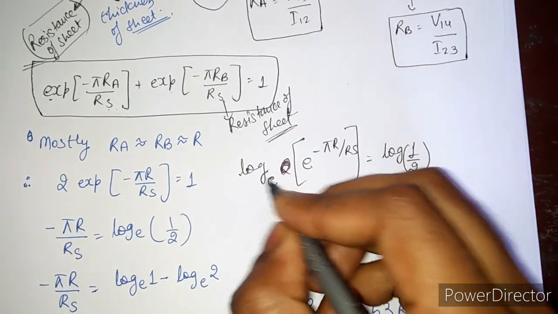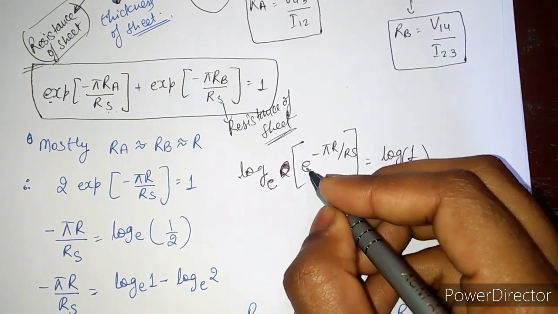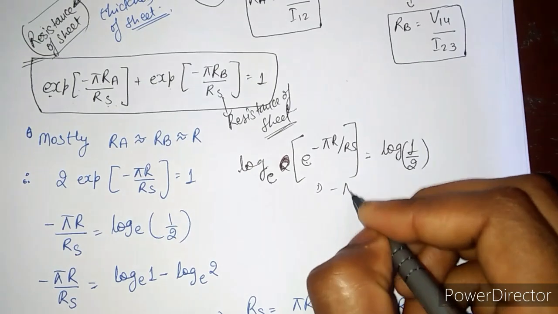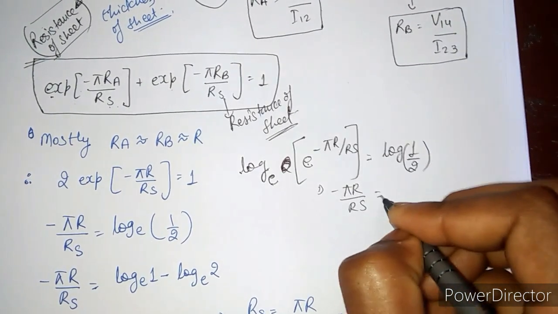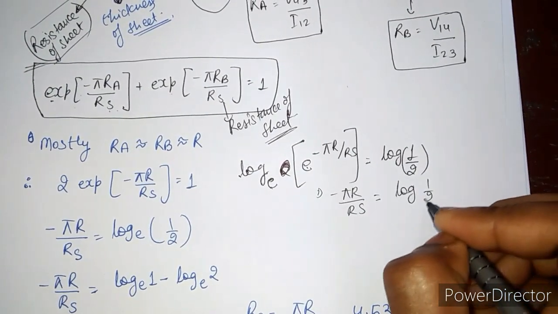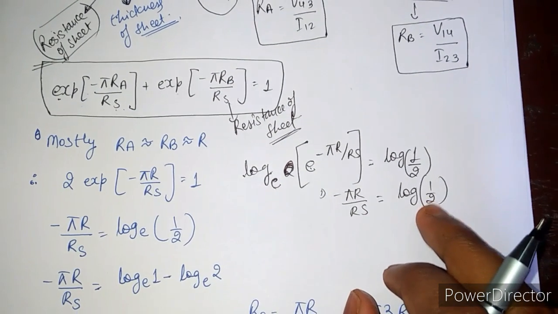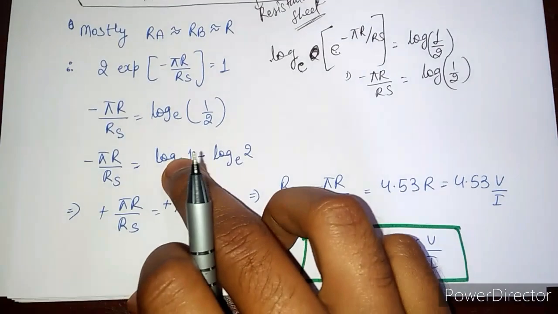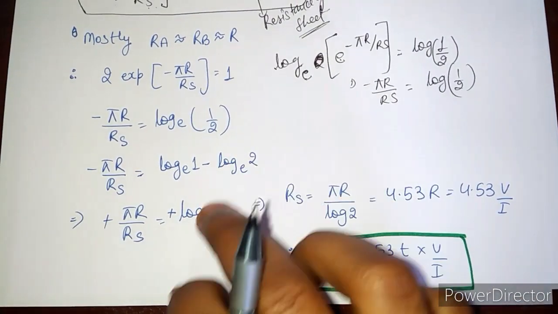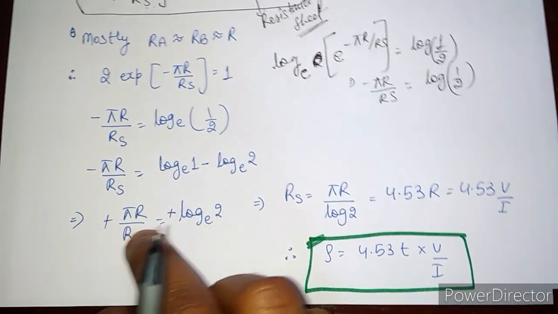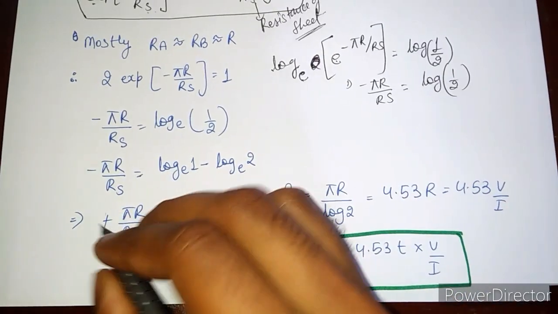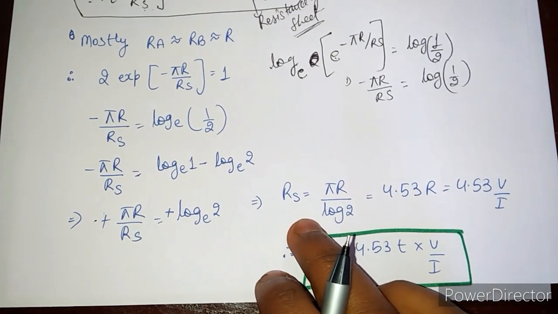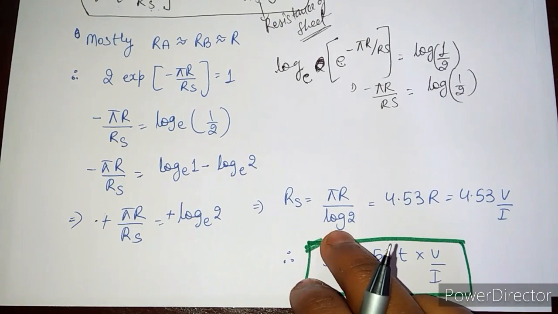The base of this log is e, so the e cancels and it becomes minus pi R upon Rs is equal to log 1 upon 2. Now log 1 upon 2 is equal to log 1 minus log 2, and the value of log 1 is 0, so it becomes minus log 2. So minus pi R upon Rs is equal to minus log 2, the minus signs cancel, and the value of Rs is equal to pi R upon log 2.